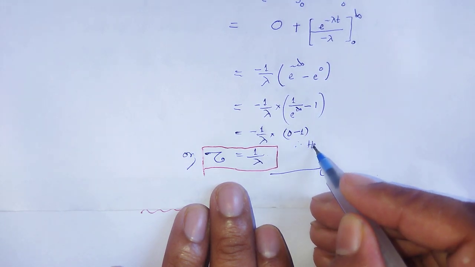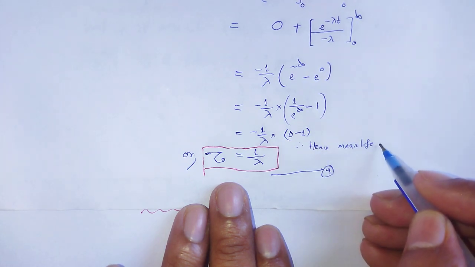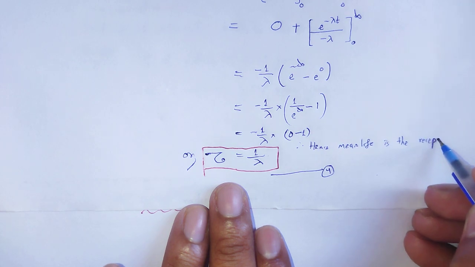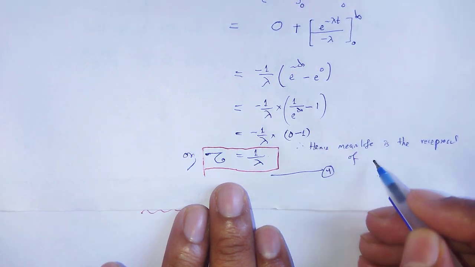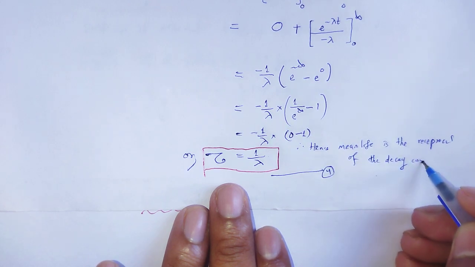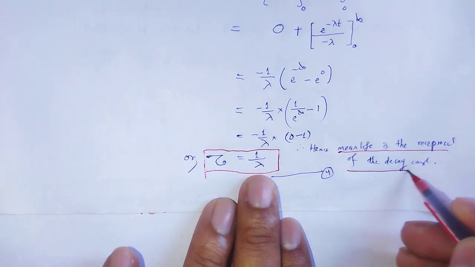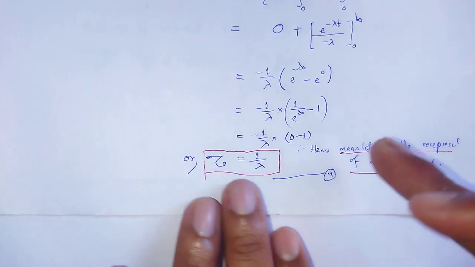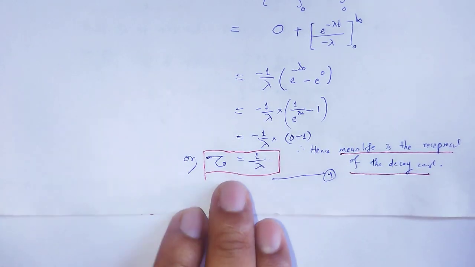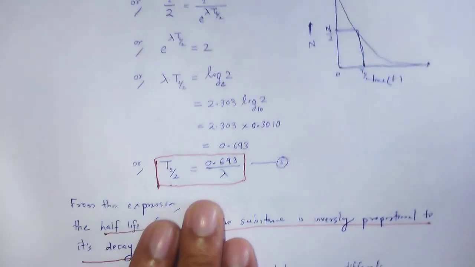Hence, the mean life is the reciprocal of the decay constant. The mean life of a radioactive substance is inversely proportional to the decay constant. This is the expression for mean life, and that one is the expression for half life.